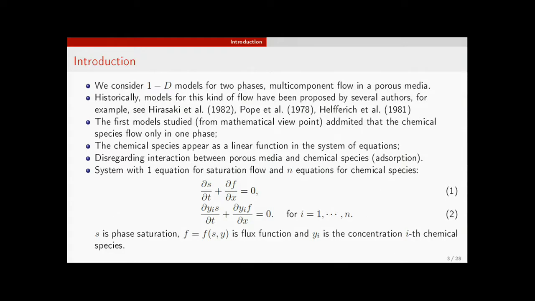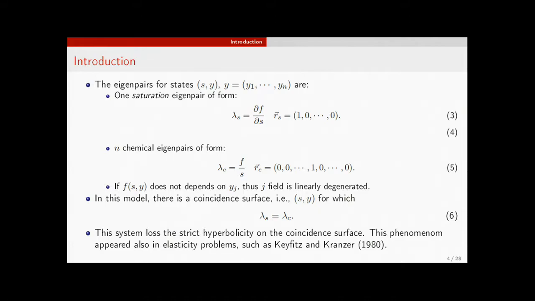In this case, the characteristic analysis of this model shows one eigenvalue that consists of the derivative of the flux with respect to S, and n chemical eigenpairs, F divided by S. In this case, only the saturation changes, and in this case only the chemical compound varies.